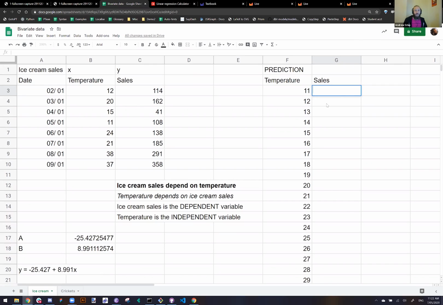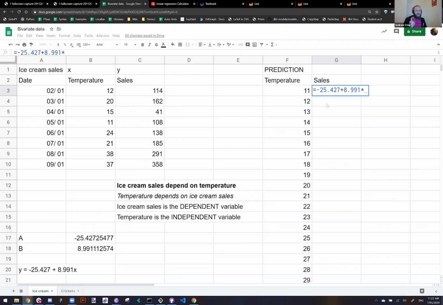All right, so sales equals minus 25.427, which is just the number that I got out of my calculator, plus 8.991, and then to do a times, I do the asterisk symbol, which is usually Shift 8 on a keyboard, because you can't do a cross.